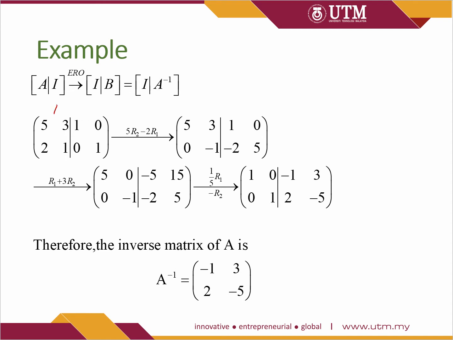So this will be our matrix A, which is 5, 3, 2, 1. And this is the identity matrix, which is 1, 0, 0, 1.